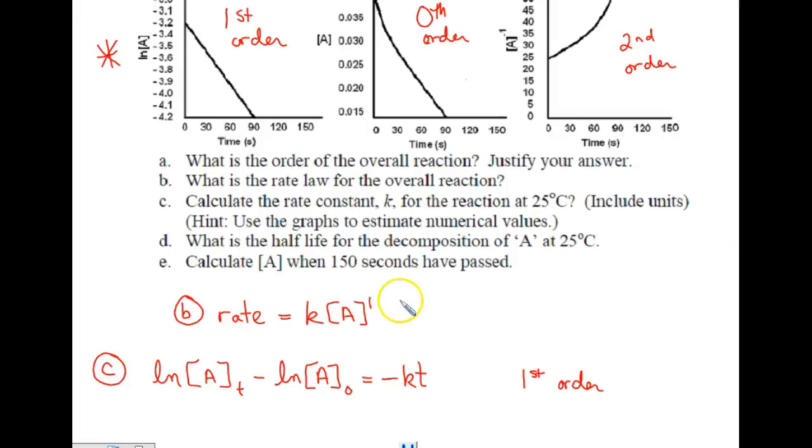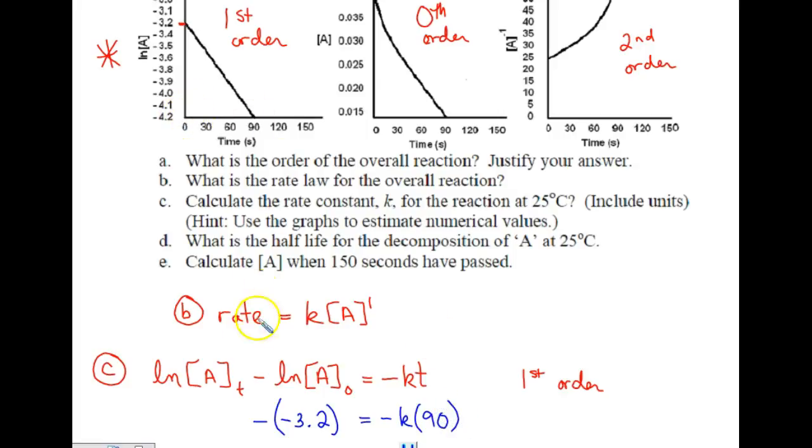So on this one, it looks as though our initial natural log of A value is negative 3.2. And the time we are going to go to is 90 seconds.